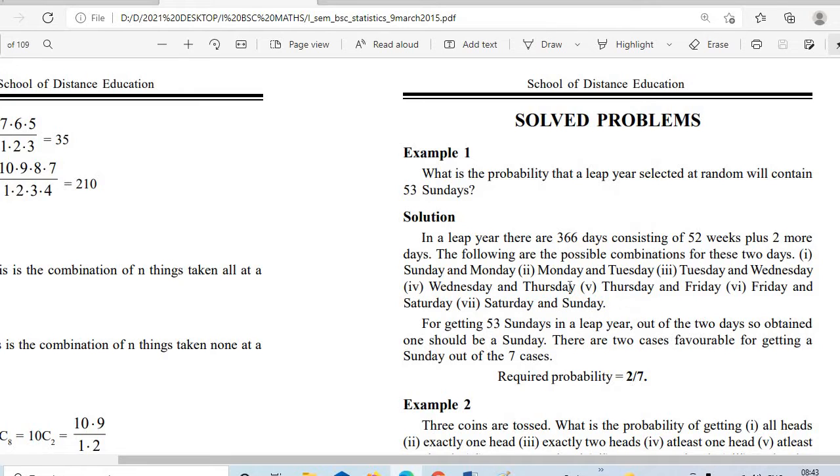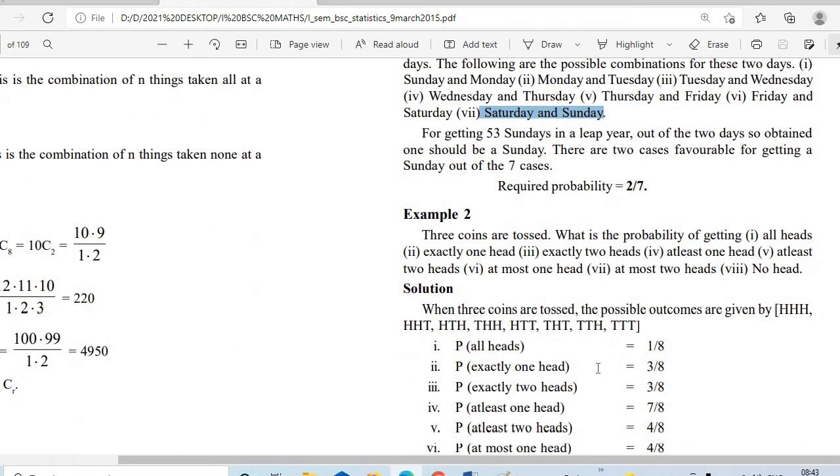So out of these 7 possibilities, we have 2 possibilities for having Sunday. So the probability of having 53 Sundays, 52 plus 1, is 2 out of 7.